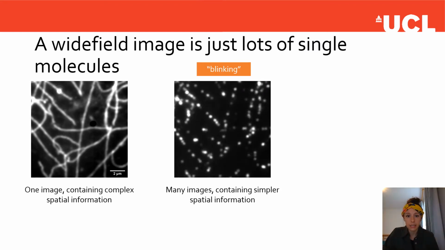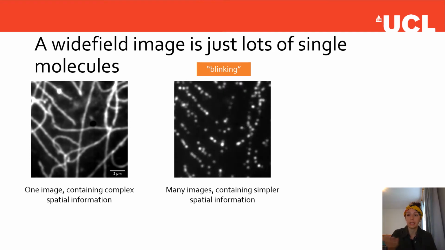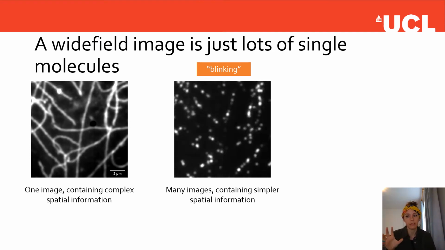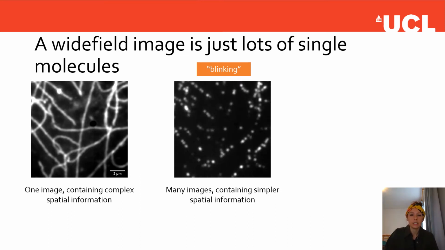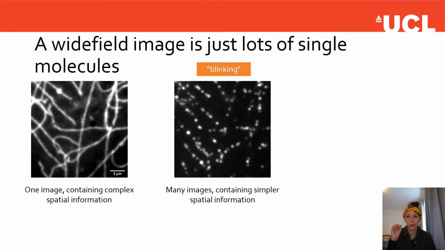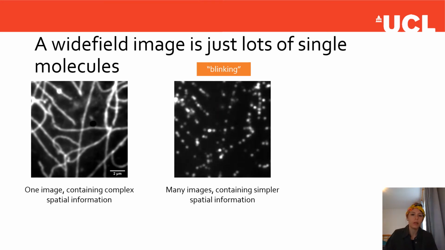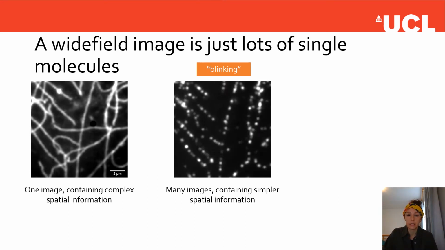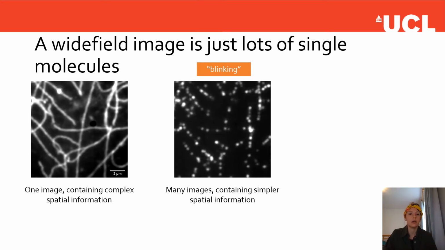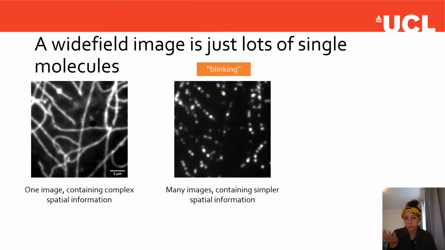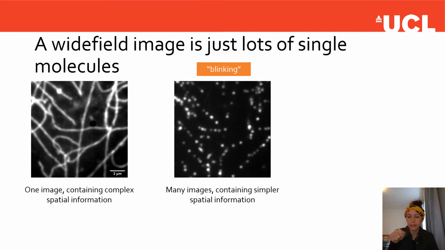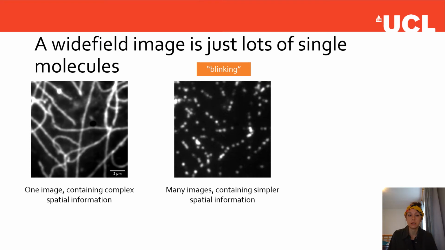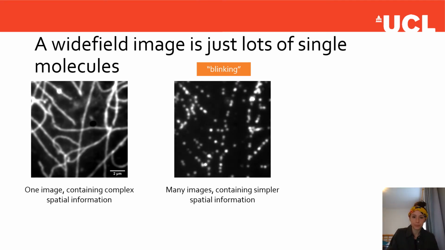You can see this is called blinking, because it really looks like blinking. The way this is done, and we'll talk about how we generate the blinking, don't worry, is we get the fluorescent molecules turning on and off. Looking at each of these individual blinking images, I reckon if you had a pen and paper, you could just pinpoint the centre of each of those molecules and start to build up a really high resolution image of our data.